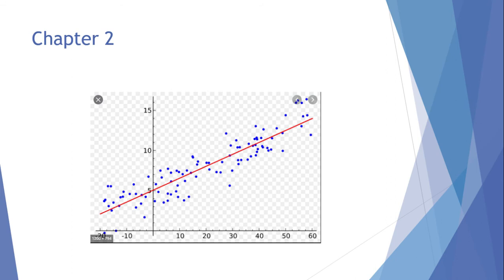Then on the y-axis would be thousands of dollars that you earned or something like that. And each person in that sample would get a dot on this graph, which was coordinated with how many years of school they completed and how much they made that year.